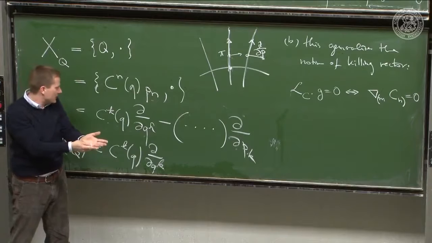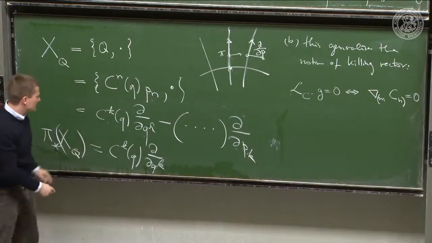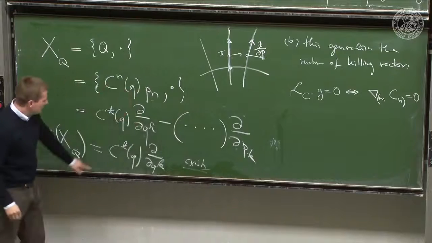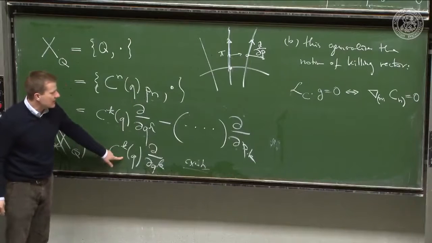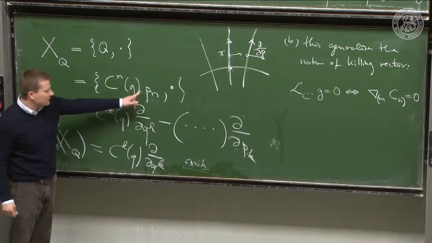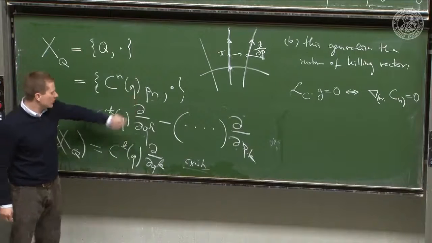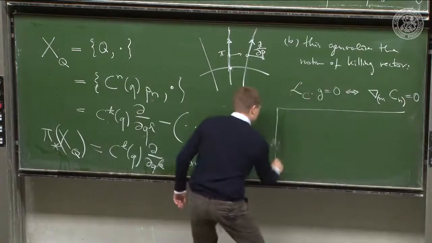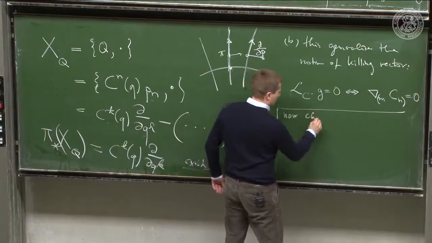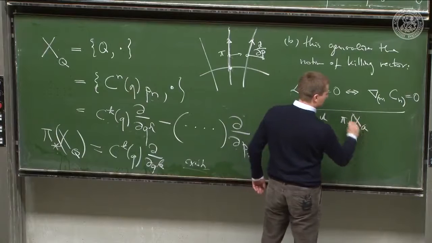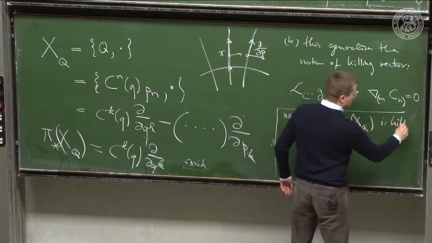It would be multi-valued. So because this exists, that's the first thing. Then we need to check whether this guy actually is a Killing vector field of the metric. Now check that this push forward of the xq is Killing.